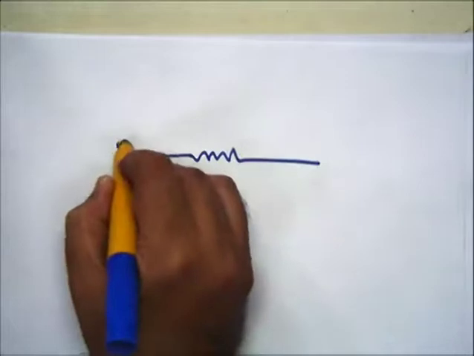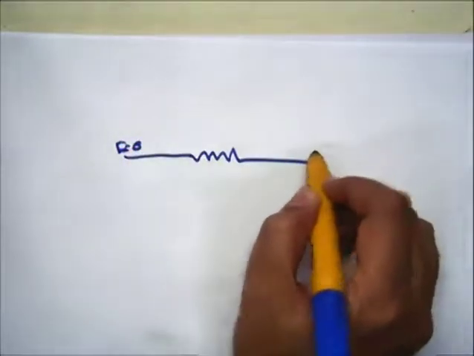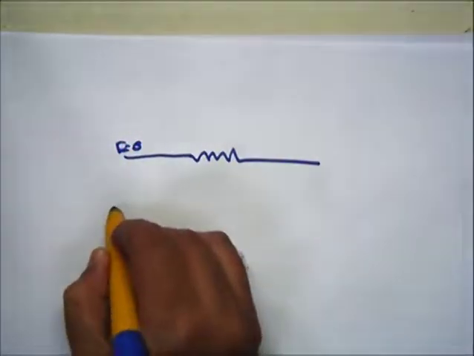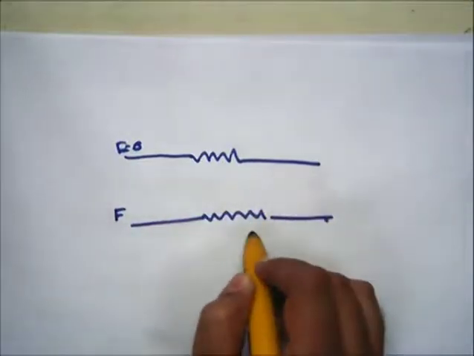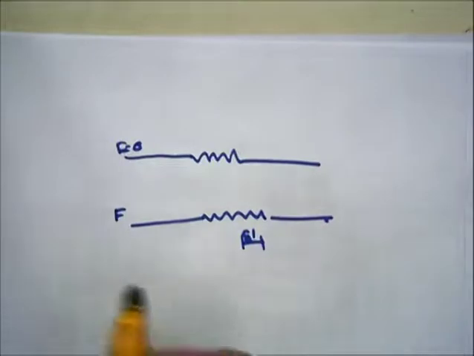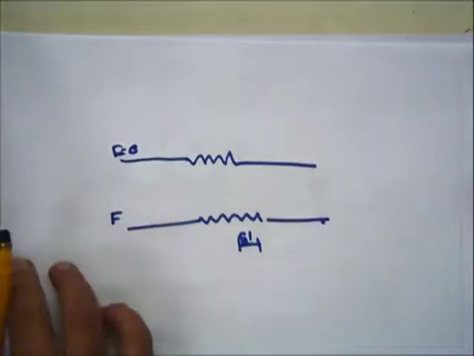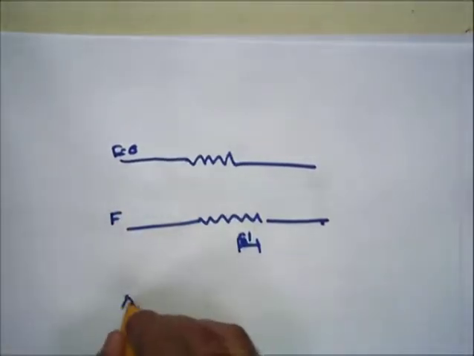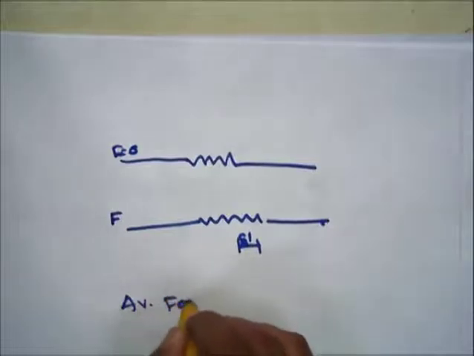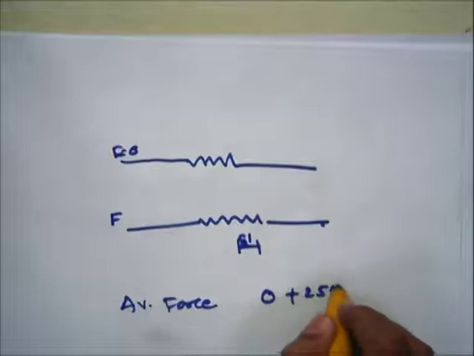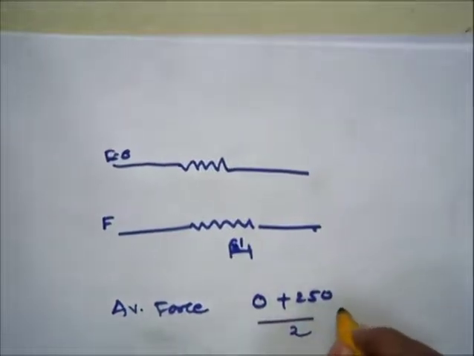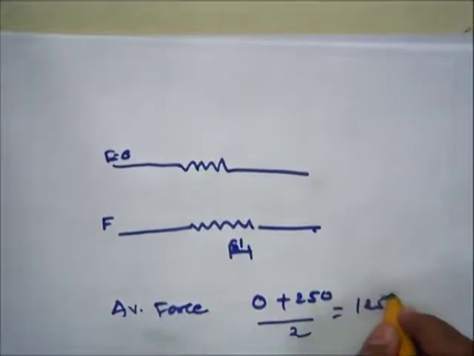So as we have discussed, initially force on the spring was 0 and then it reaches F, and because of this delta L is produced in the spring. So we have to consider average force. First is 0, then total from 0 to 250 divided by 2 is equal to 125 Newton.